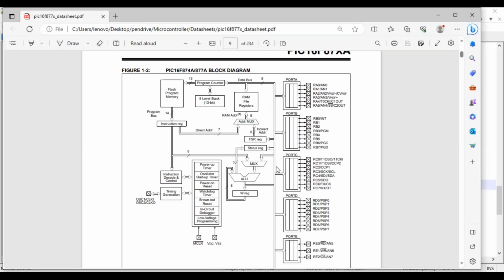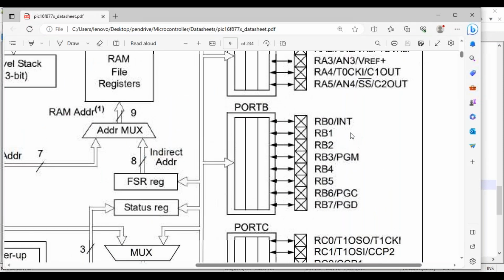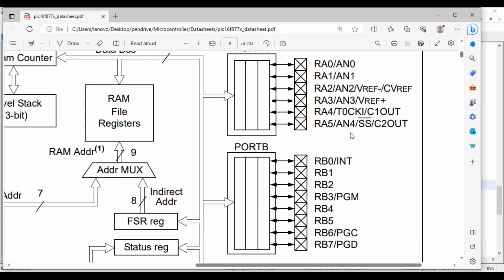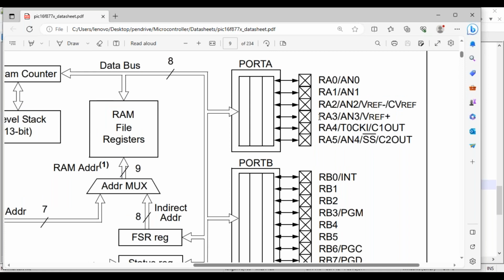Some of the pins are actually given multiple names. If you see here, it is RA3, it is AN3, it is VREF plus also. That is because ours is just a 40-pin microcontroller. If you dedicate one particular task to one particular pin, you can handle a maximum of 33 operations only.